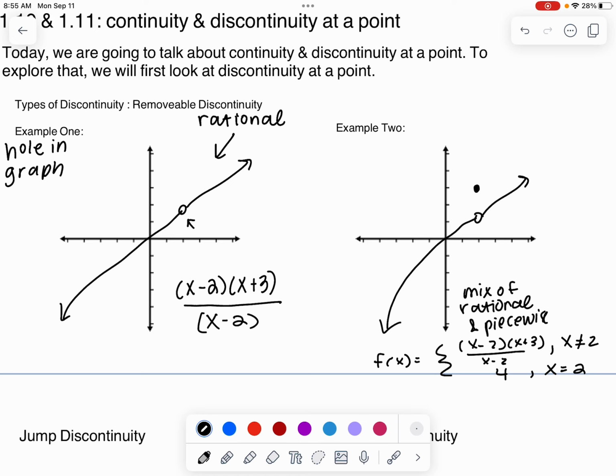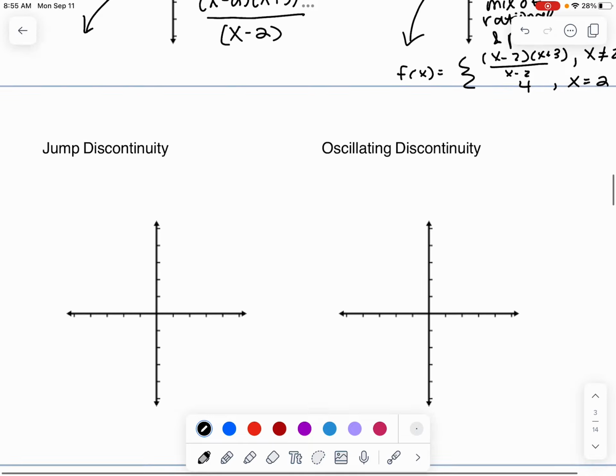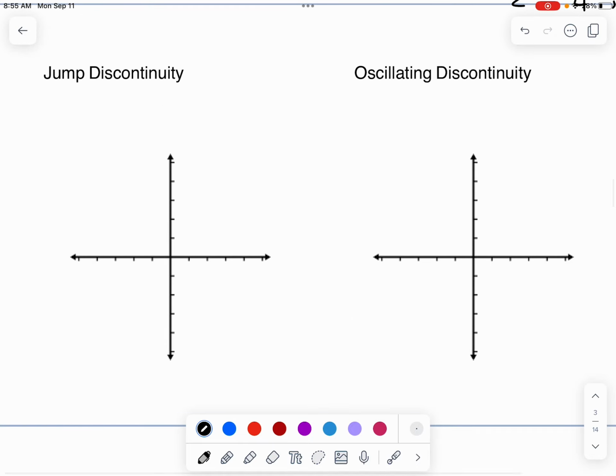So those are removable discontinuities. Basically, think hole in the graph. Then there are jump discontinuities. These are often, if you were to look at the equation, a piecewise, and you'd have something like this. So it's a jump.